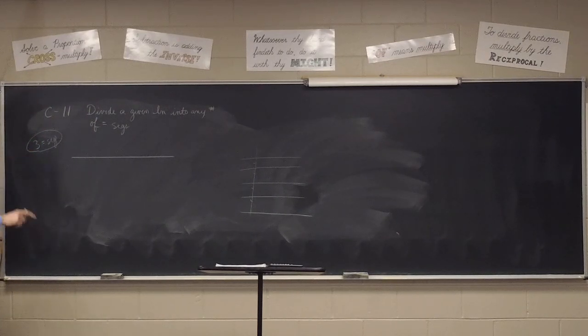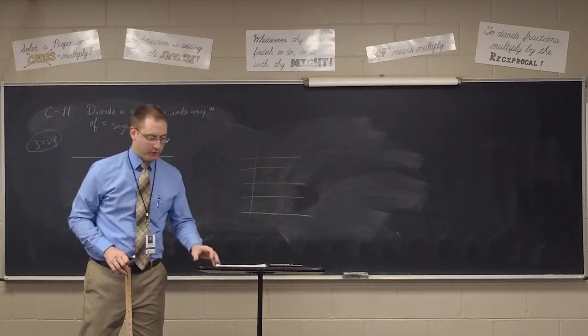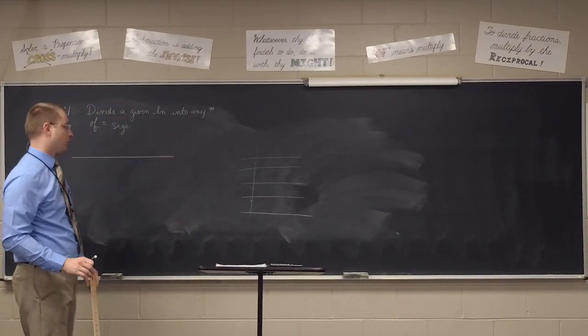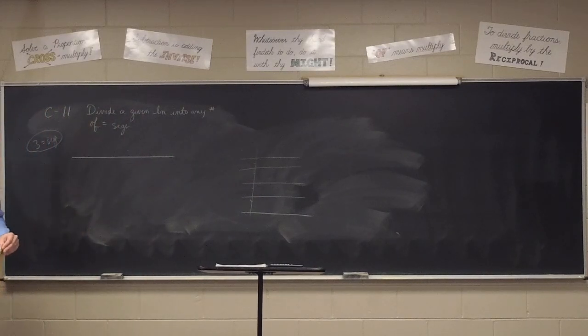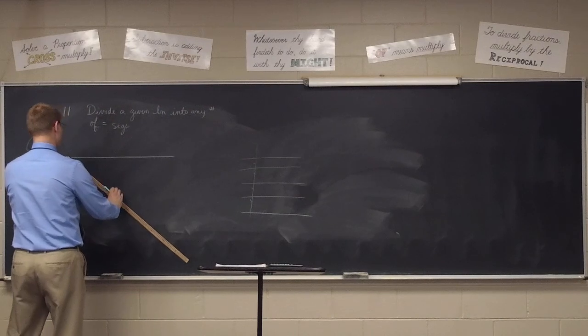So here's what we're going to do. Step number 1, go down to the bottom of the page. Step number 1 is to draw a long line off one end point at an angle.